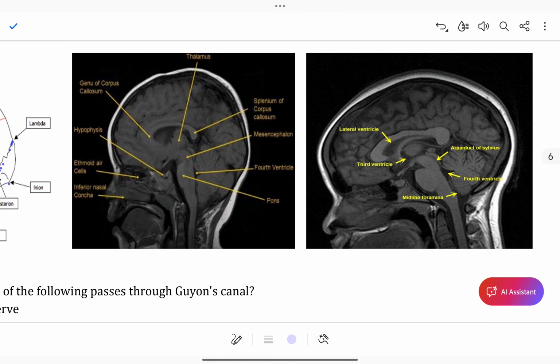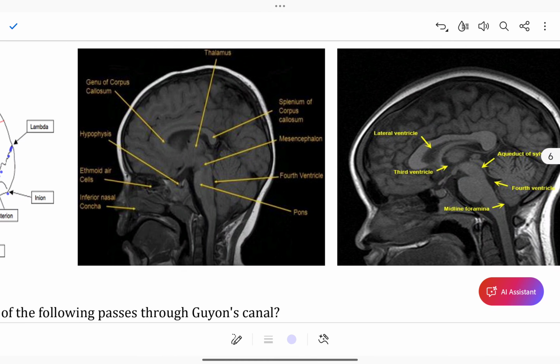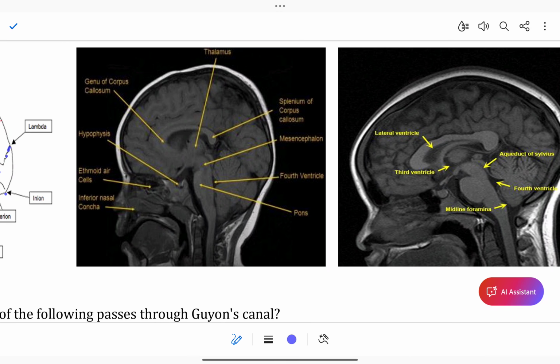Come to this picture. This picture is thalamus. This is thalamus, that is the marking. Thalamus. Splenium of the corpus callosum. This part is mesencephalon. This part is the fourth ventricle, which is given in our question.